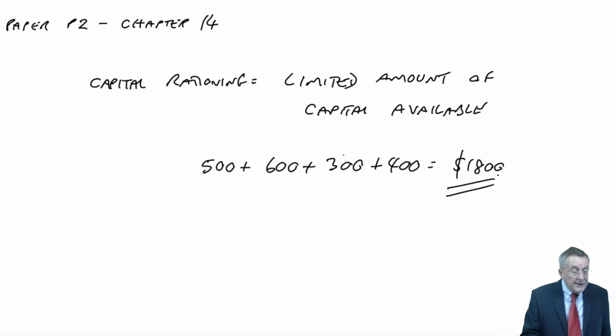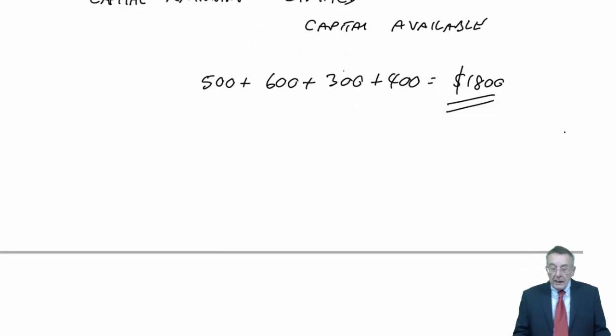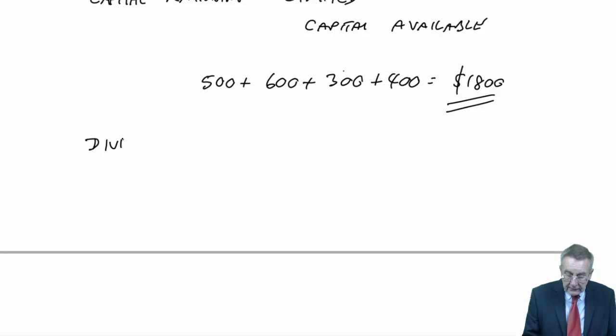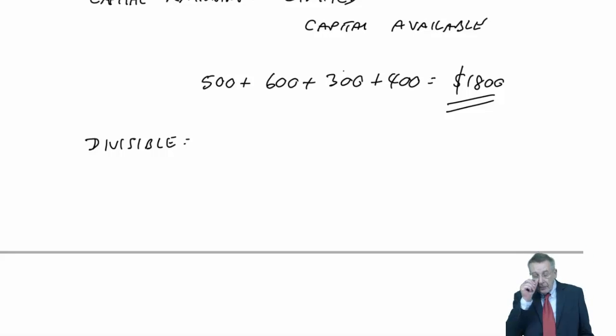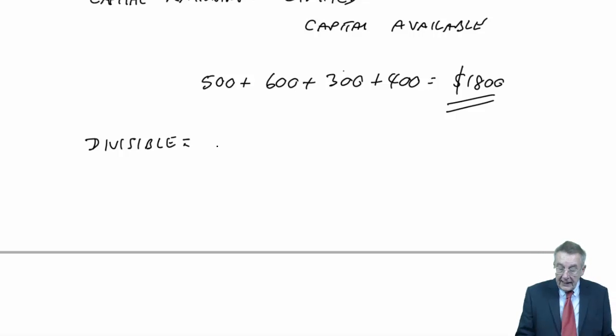The other bit about part B, though, it says the projects are divisible. It may be a bit unrealistic in real life, but divisible means, firstly, we can do fractions of a project.